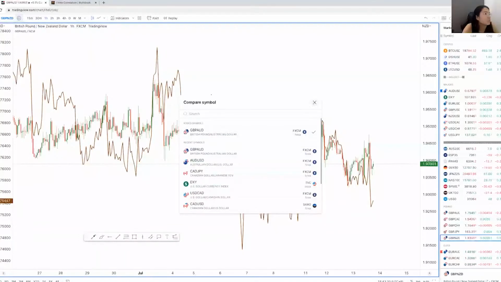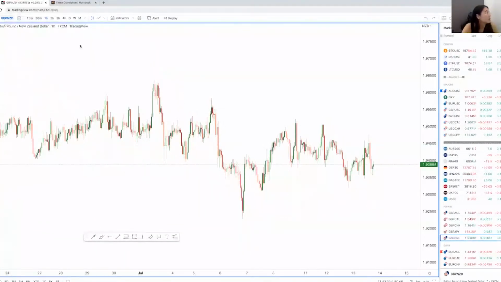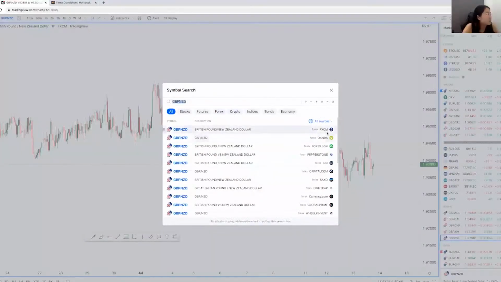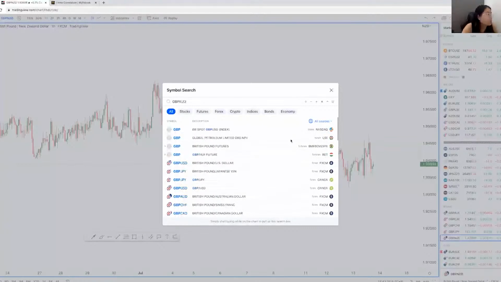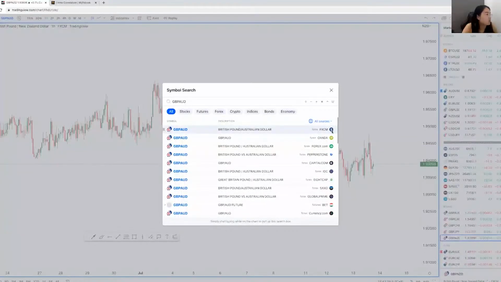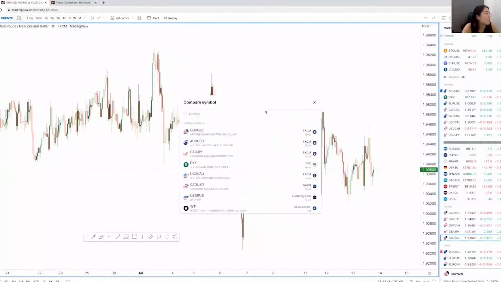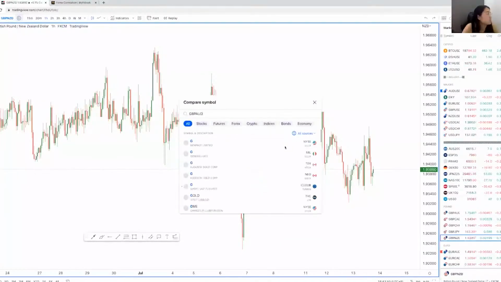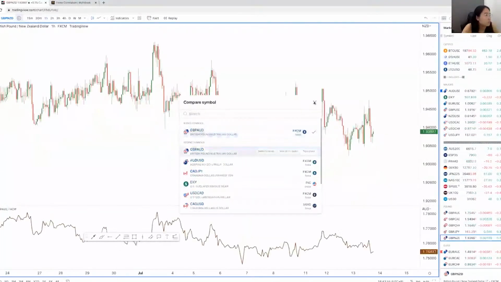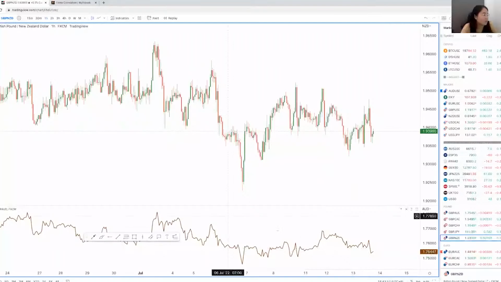This is not the one that I wanted. GBP AUD. Sorry, just give me a second. I'm trying to add in another chart. You put it as a new panel, and it will show below it.